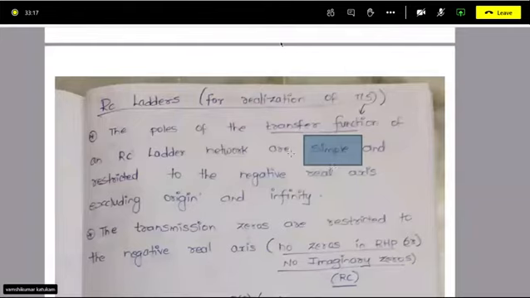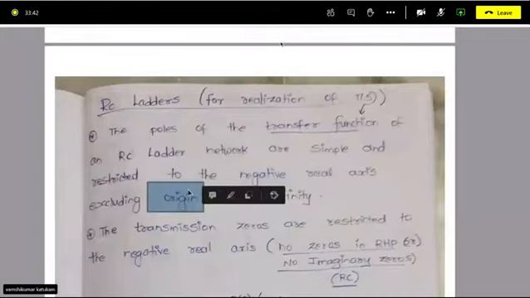But the additional thing for RC ladders is excluding origin and infinity. I repeat the statement: the poles of the transfer function of an RC ladder network are simple and restricted to the negative real axis, excluding origin and infinity. That means you should not have a pole at origin and infinity, for RC ladder.